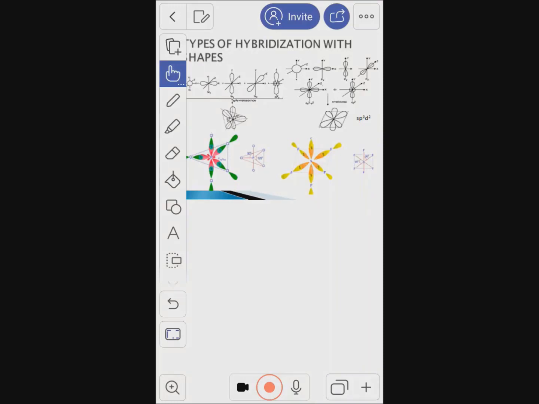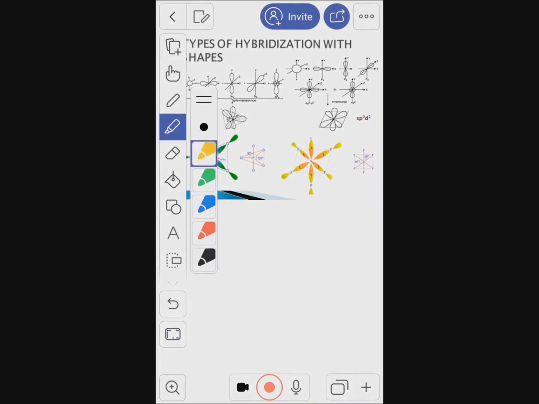Types of hybridization with shapes. In this, there are two types of hybridization. One is sp3d hybridization, not d2.